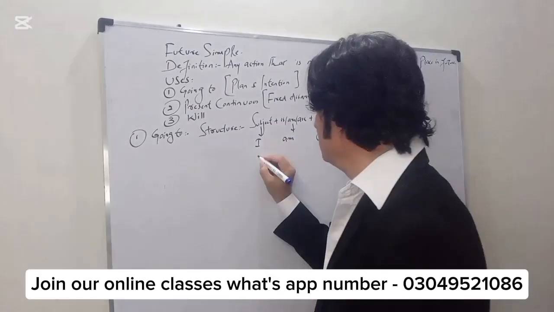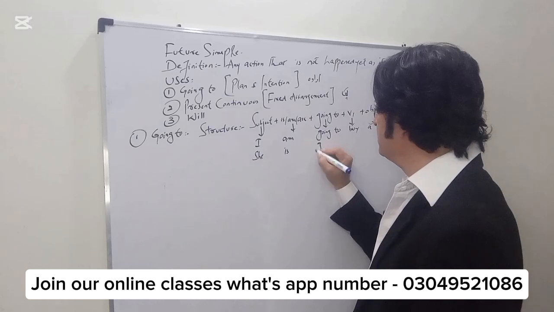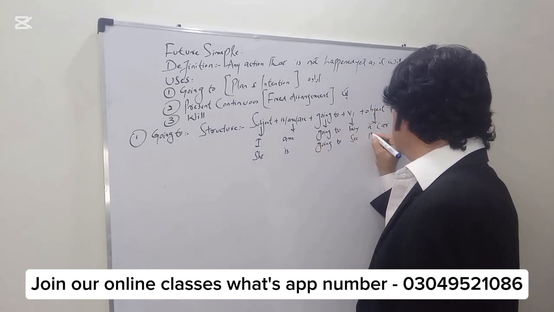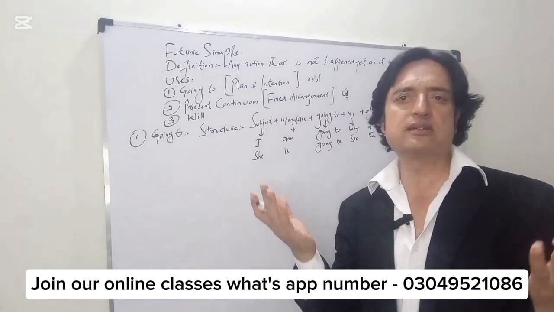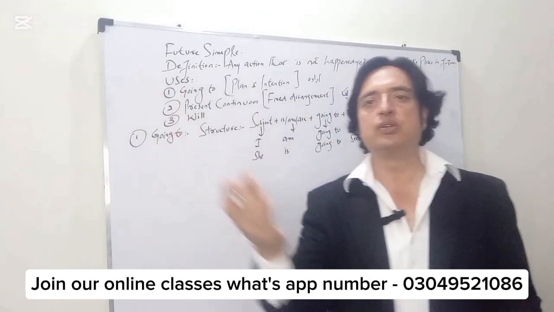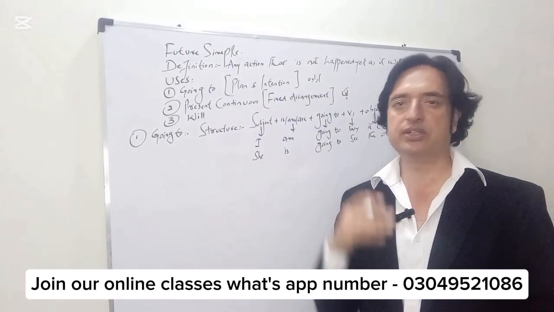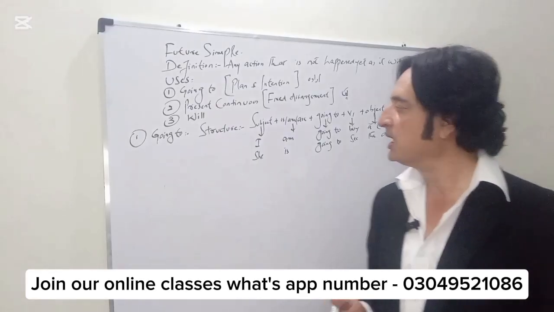Another example, she is going to see the doctor. She has this intention to go, that she would be seeing the doctor. It could be 50-50, either she would go or she would not, or she would go tomorrow or day after tomorrow or after 1 month.